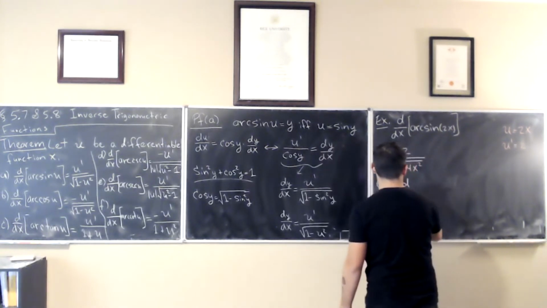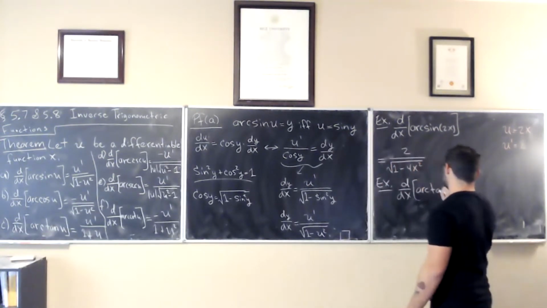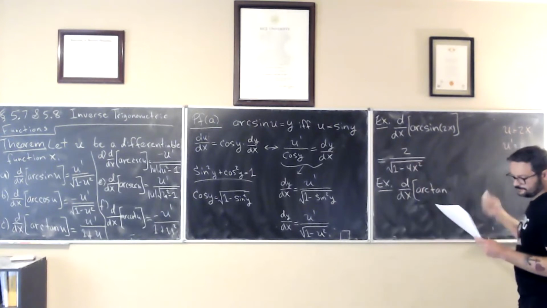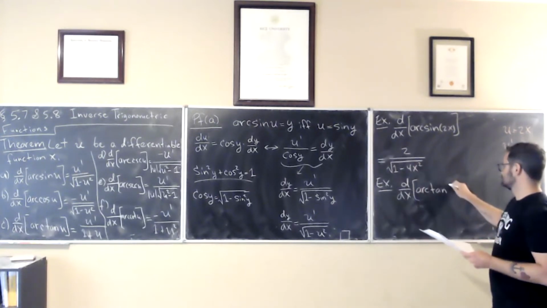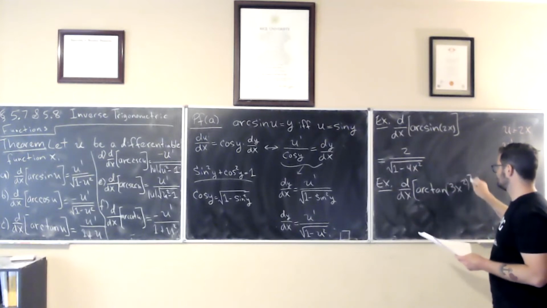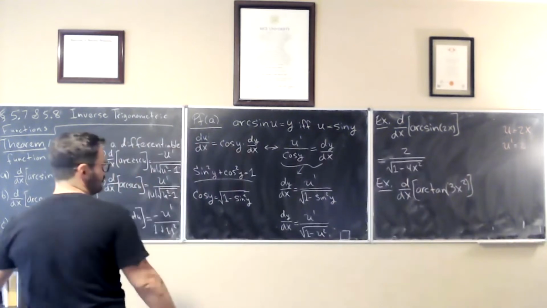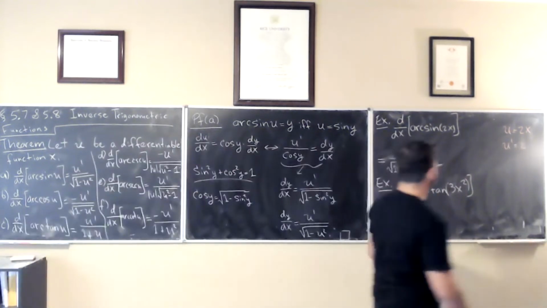Let's look at the derivative with respect to x of our tangent of 3x squared. Okay, well, there's your u.